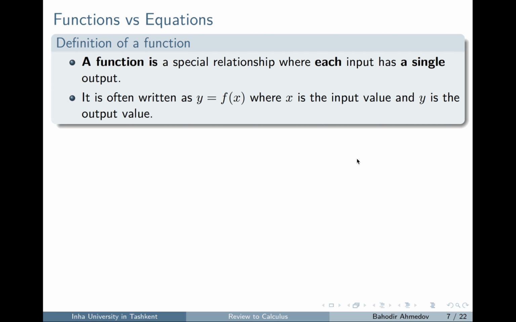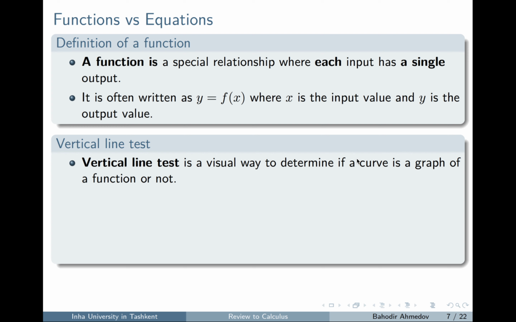In order to check graphically whether the curve can be represented as a function or not, we need to use the vertical line test. This is the visual way to determine whether the curve is a function or not.